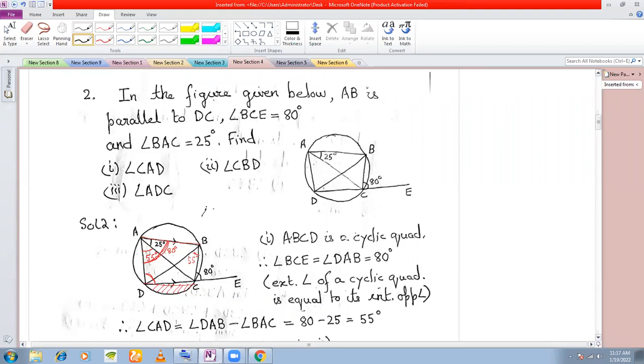So angle ADC plus 80 degrees must be equal to 180 degrees because they are co-interior angles. So angle ADC will be equal to 100 degrees. So this angle here, its value is 100 degrees. That answers the third question also.